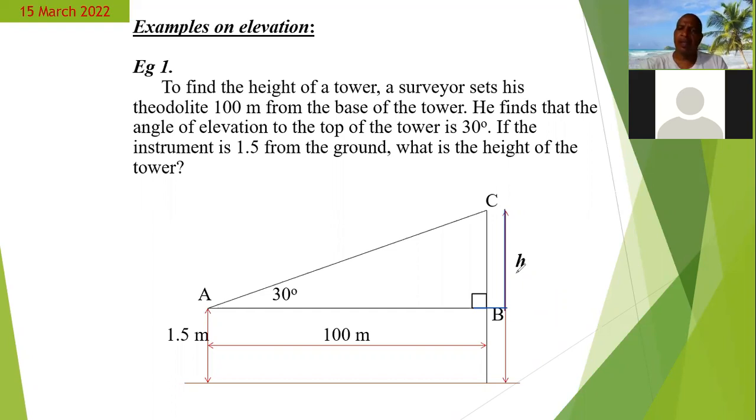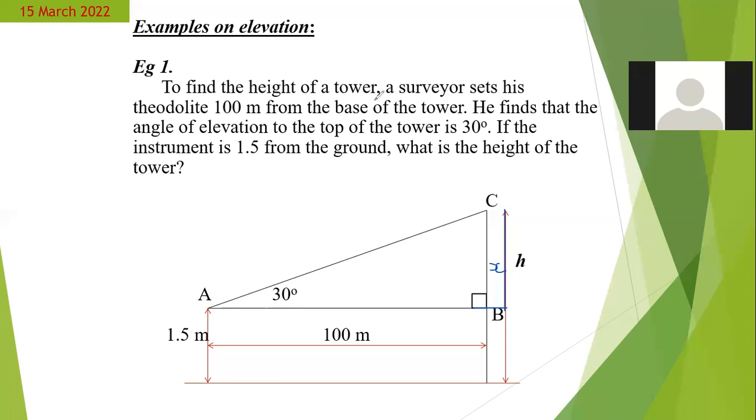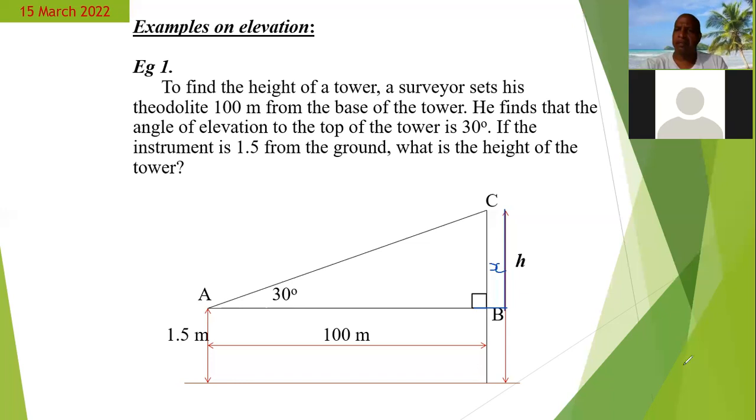We're working with H. H is the height, but this little part up here, this blue section, would be just X. Yes, sir. All right, what else? So X equals.